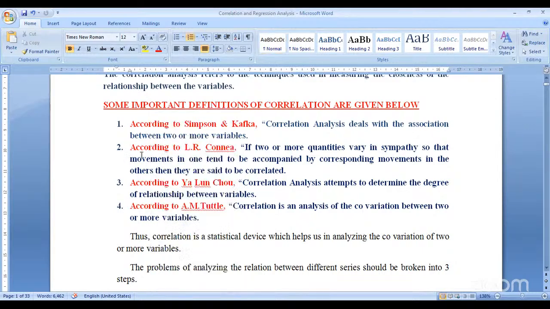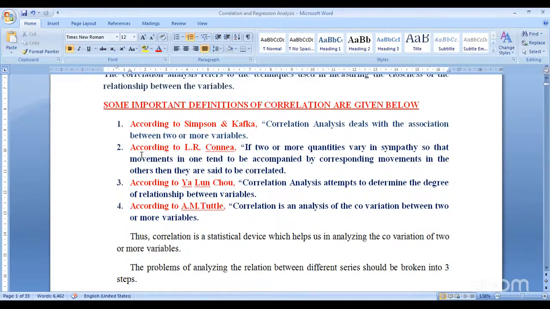Okay. Then according to L.R. Kune, if two or more quantities vary in sympathy, so that movement in one tends to be accompanied by corresponding movements in the others, then they are said to be correlated. According to Yalun Chow, correlation analysis attempts to determine the degree of relationship between variables.